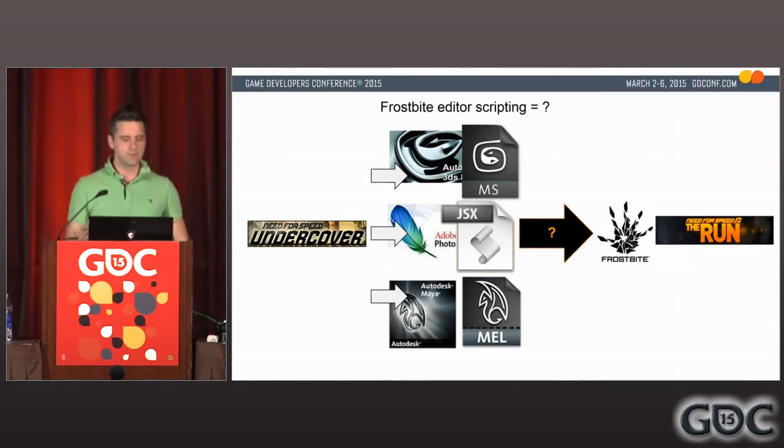So what is Frostbite editor scripting? We had scripting solutions to port a lot of data over from 3D Studio Max to Maya, and we could use all of these different scripting languages to do that. We could do data conversion inside of Photoshop, and we had scripting languages to do that. We didn't currently have a scripting language inside of Frostbite, so when we implemented this, this is what it all turned into.